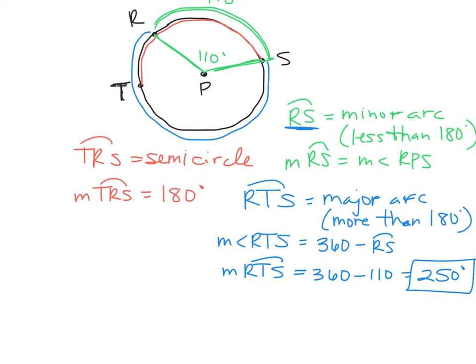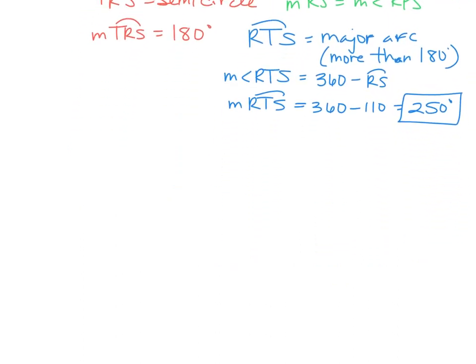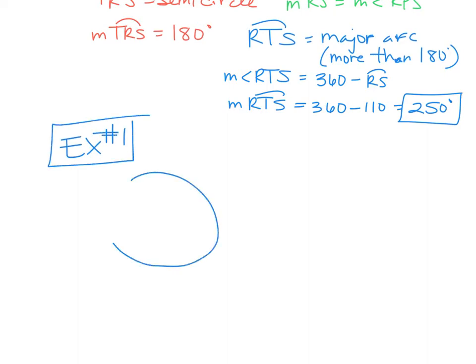Okay, so that's the different arcs. What we're going to do to start is just name some arcs. So, example 1. Let's say I give you this circle. Okay, so the picture looks like this.